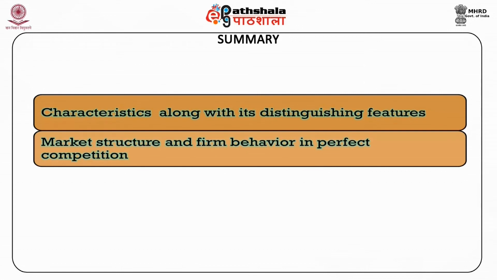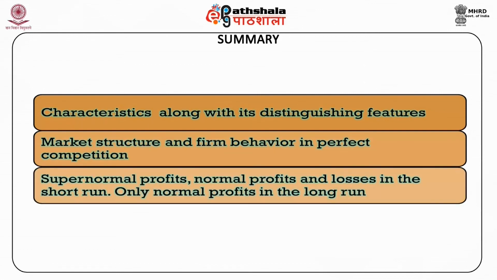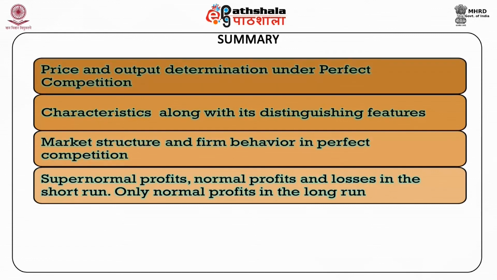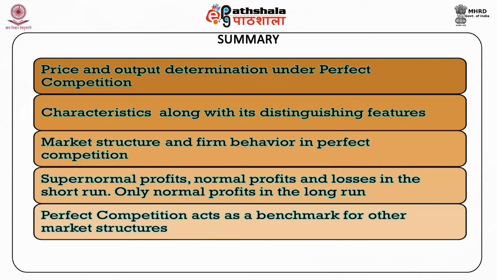You would also be able to analyze the different profit levels of the firm in the long run and short run, along with price and output determination under this market structure. Perfect competition attains long run equilibrium at normal profits, and this feature sometimes makes it unrealistic.